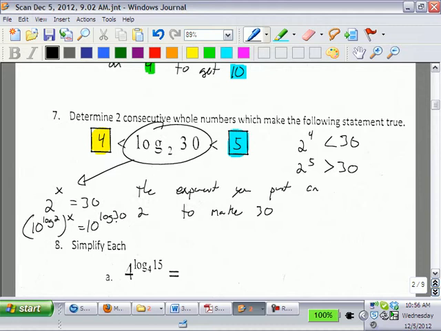Solve that for x, and you get x equals what divided by what? Log 30 divided by log 2. That's right. So that's how I would encourage you to solve that.